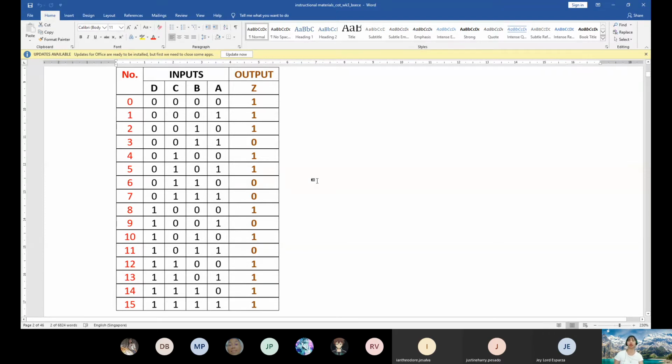If you're going to use our method in chapter 2 using Boolean algebra, given the truth table, okay, so what are you going to use?